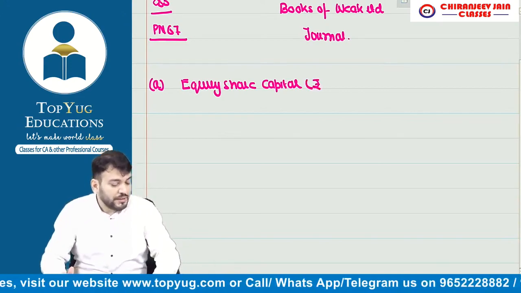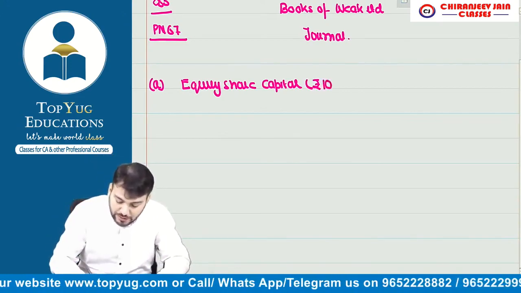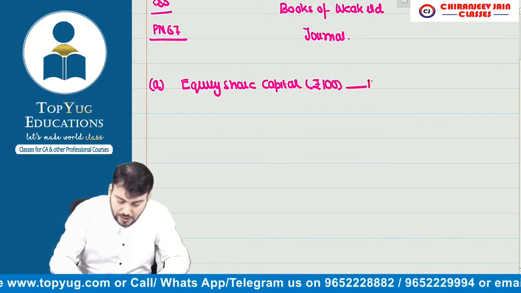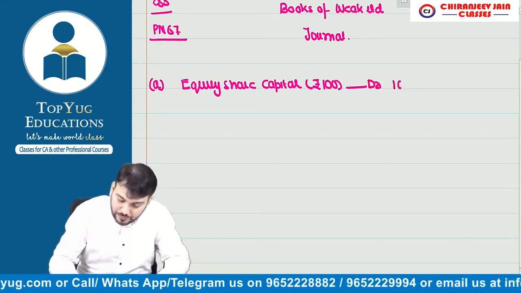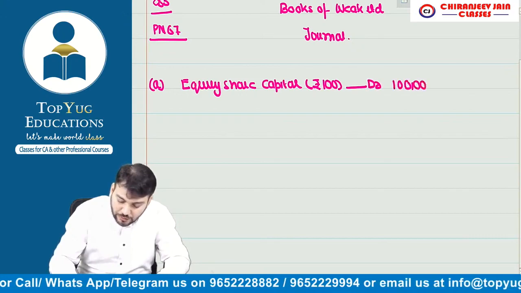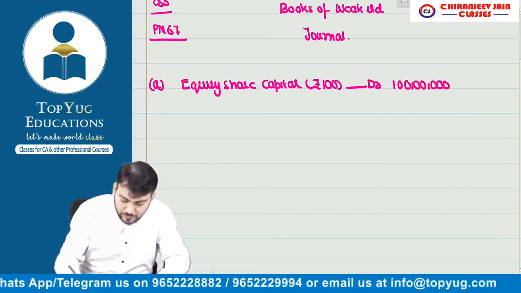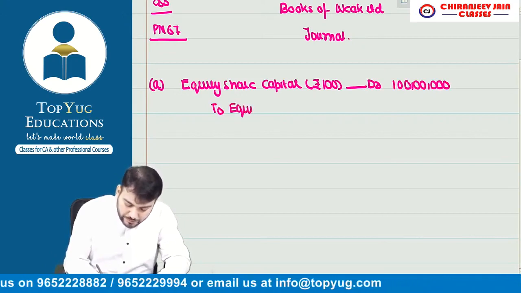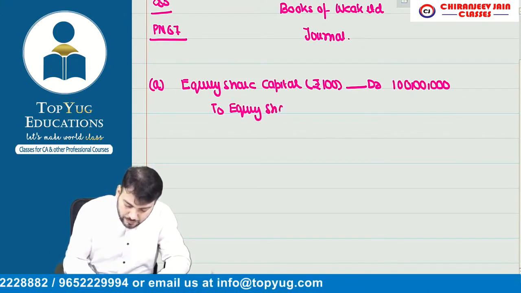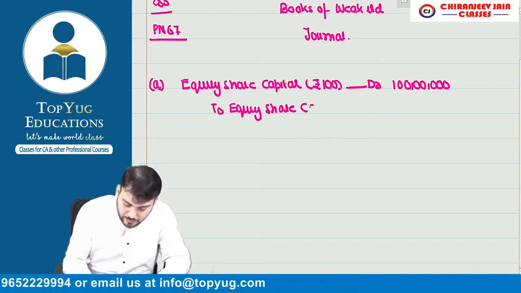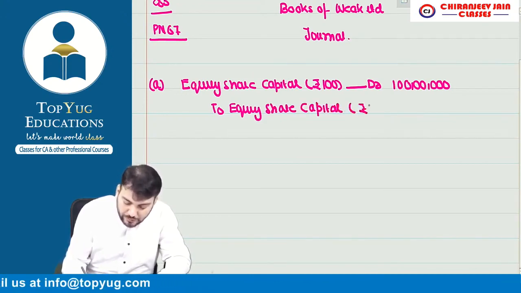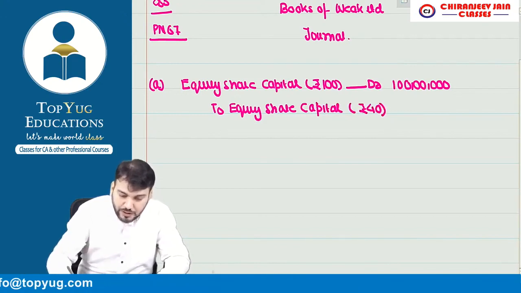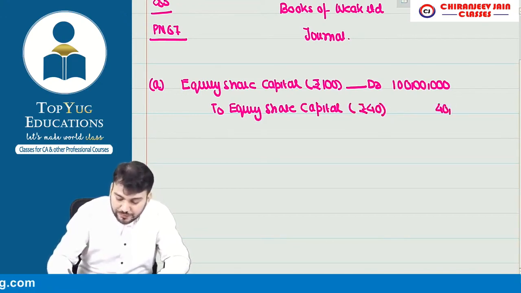The old face value was 100. Equity share capital account debit, this is 1 crore. To equity share capital, it is reduced to rupees 40, so of course this will be 40 lakh.